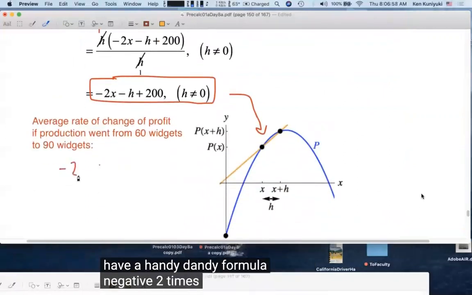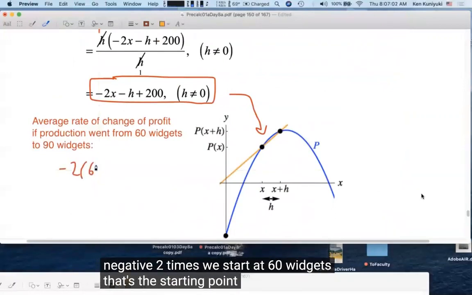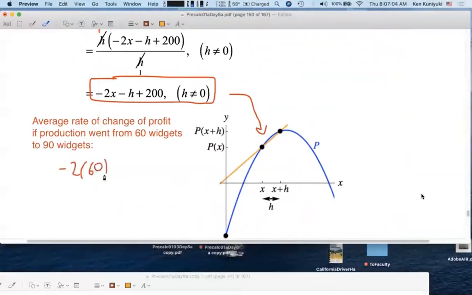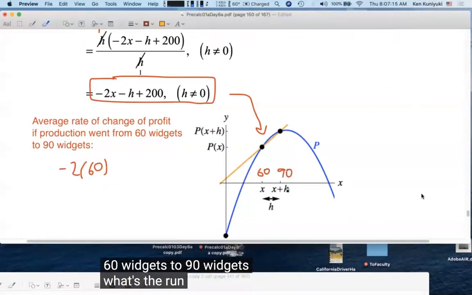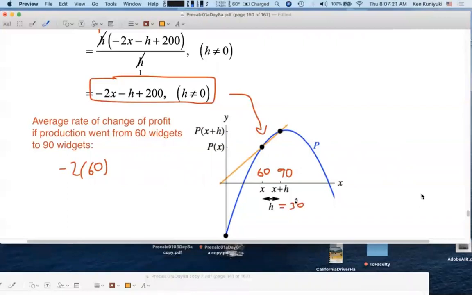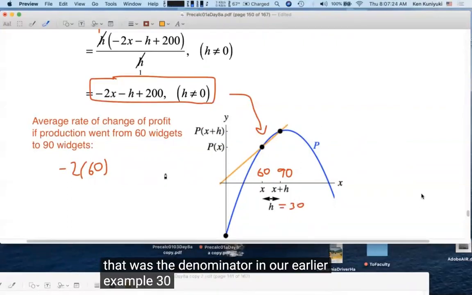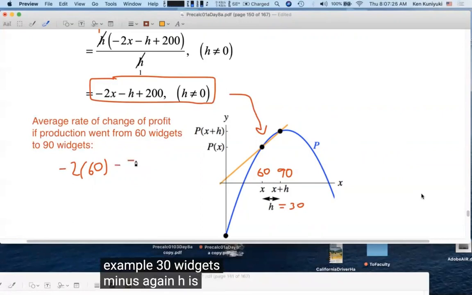Negative 2 times, we start at 60 widgets. That's the starting point. We start with x equals 60. Now, if we're increasing production from 60 widgets to 90 widgets, what's the run? 90 minus 60 is 30 widgets. That was the denominator in our earlier example, 30 widgets. Minus, again, h is 30.